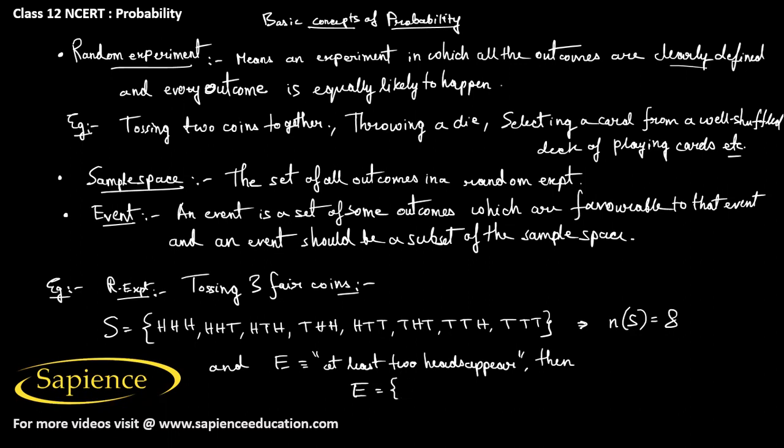The set will be, at least two heads will appear. So we should include all three heads also, and we will get two heads, so head, head, tail will be there, head, tail, head will be there, and tail, head, head will be there. So here you can see that the set E is obviously a subset of the set S, and the number of elements in the set E is equal to 4.